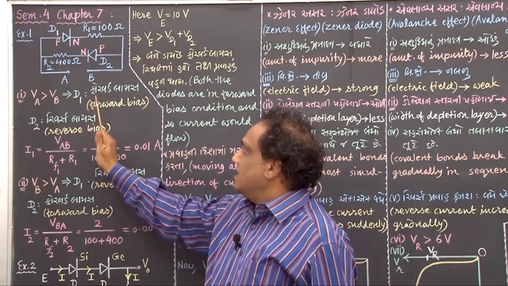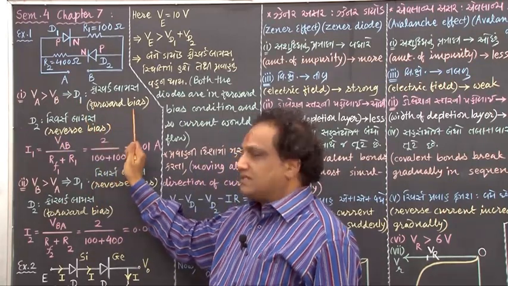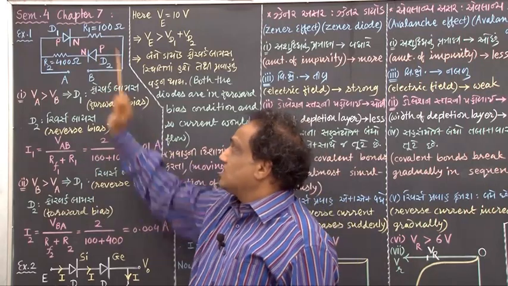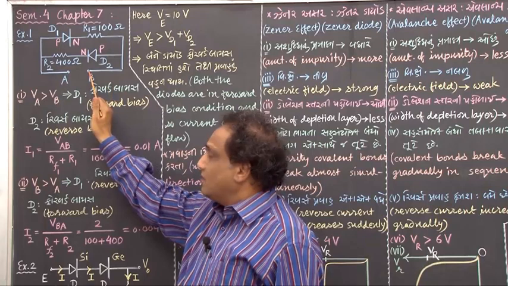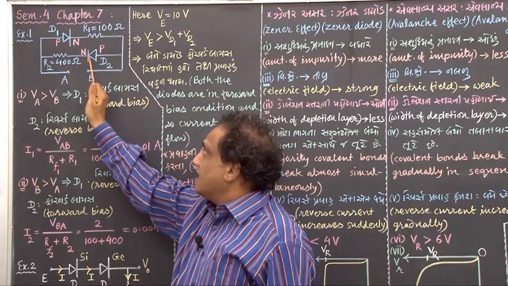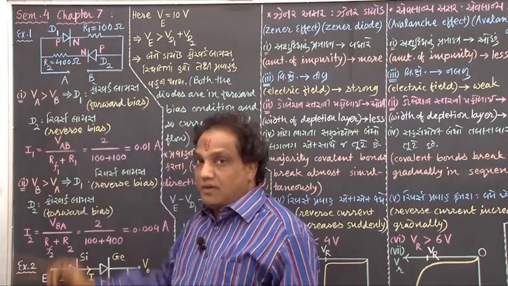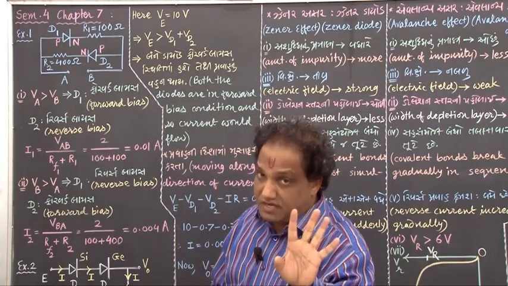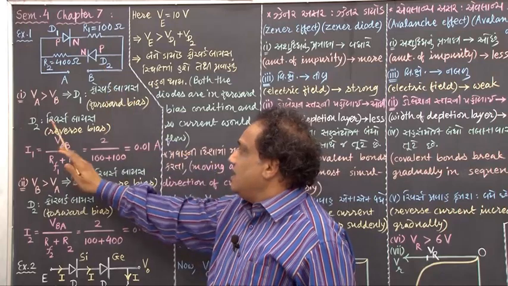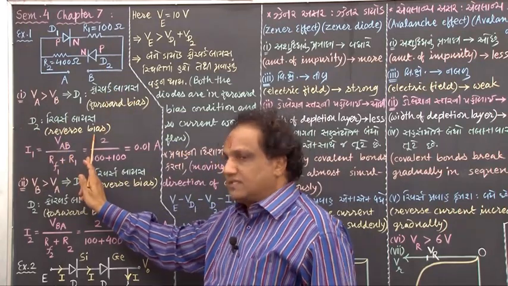That's what I am writing here. D1 is forward biased. But so far as D2 is concerned, its P-type semiconductor is at negative potential and N-type semiconductor is at positive potential. P with negative, N with positive, so it is reverse bias. So diode D2 is reverse bias, correct?